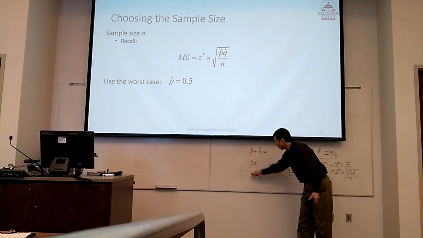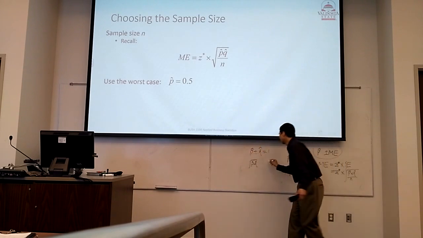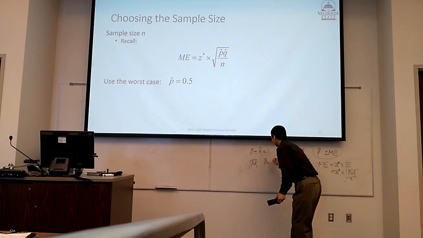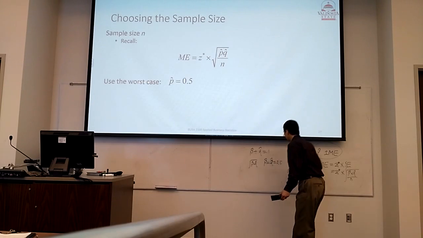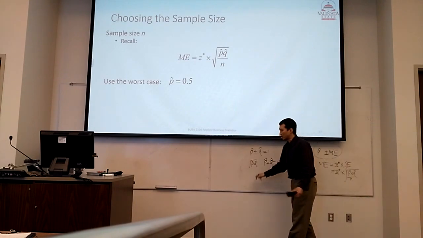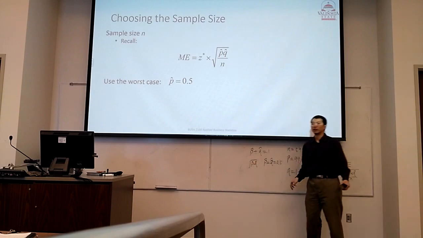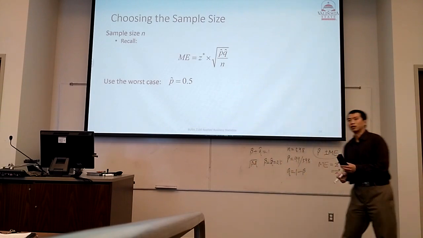If we want to maximize this value given this relationship, p hat has to be equal to q hat, which is equal to 0.5. So that's the condition under which we get the largest value of this expression.